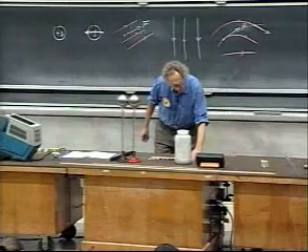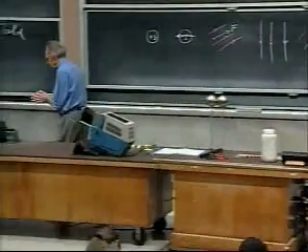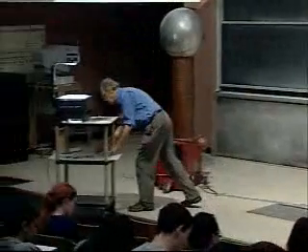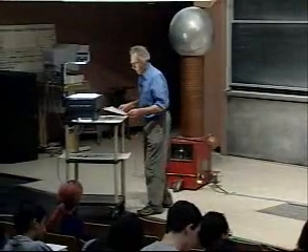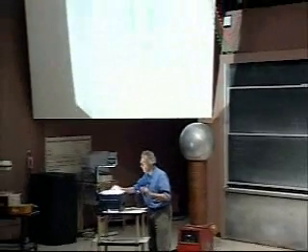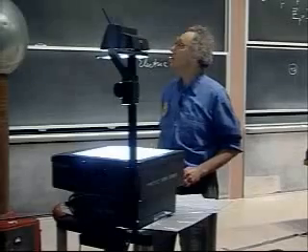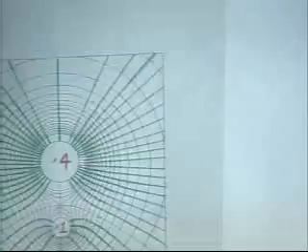Let's now look at a field configuration which Maxwell himself, the great maestro, in some of his publications put there. There's a ratio 1 to 4. And whether it is +4, +1, or -4, -1 is not important, because that's just a matter of the direction of the arrows. But Maxwell didn't put arrows in.